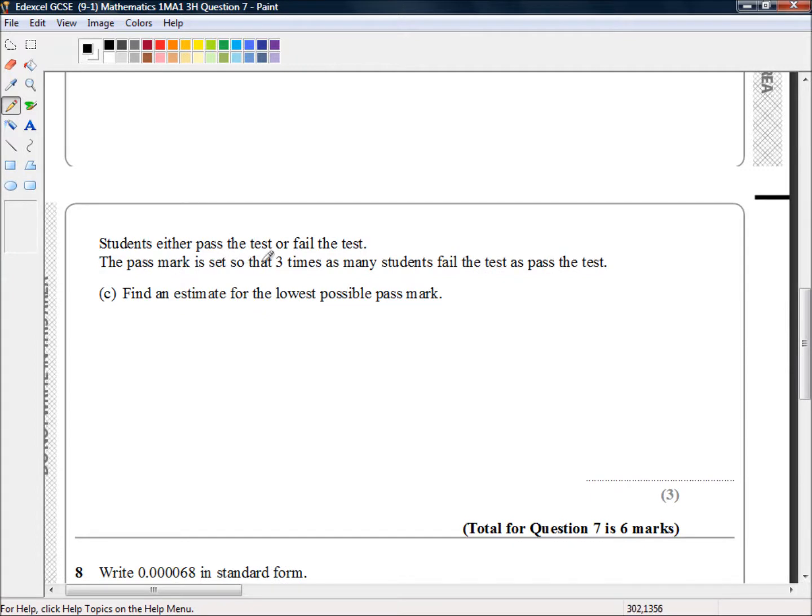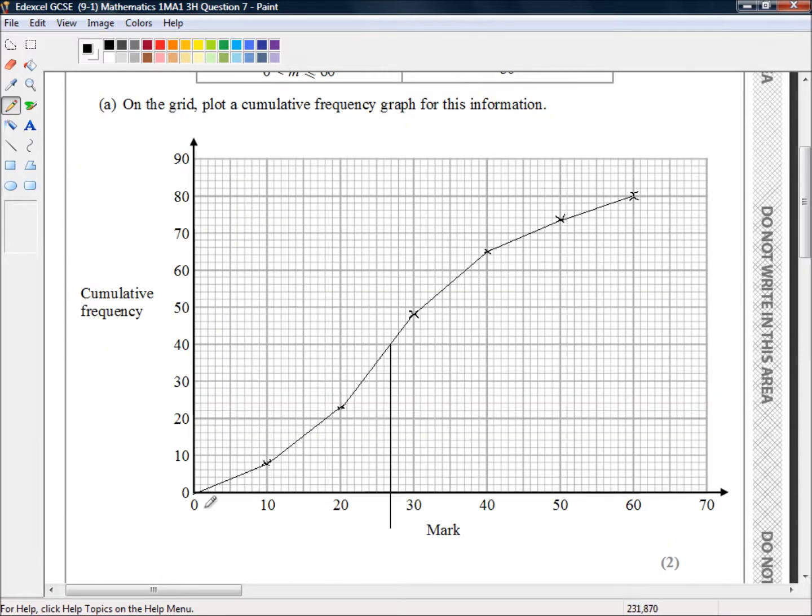Okay, so students either pass the test or fail the test. The pass mark is set so that 3 times as many students fail the test as pass the test. Find an estimate for the lowest possible pass mark. Okay, so what we're looking for is 3/4 of the way between the 0 and the 80.